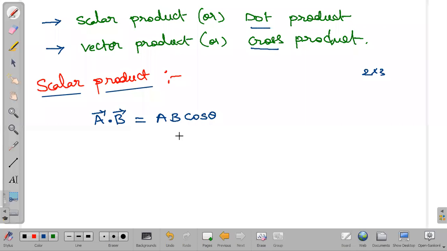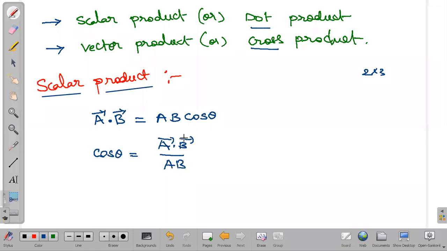If they are asking us to calculate the angle between the given two vectors, for that we will go with this: cos theta is equal to, what we can write, a bar dot b bar by a b.